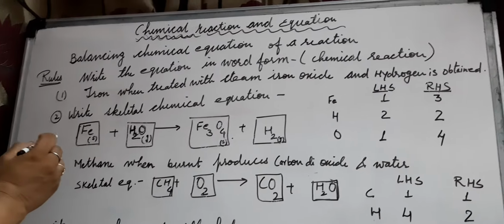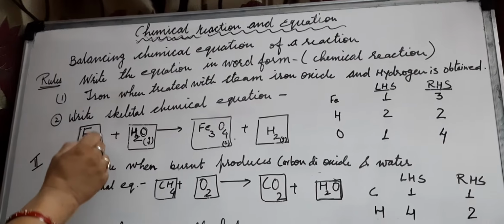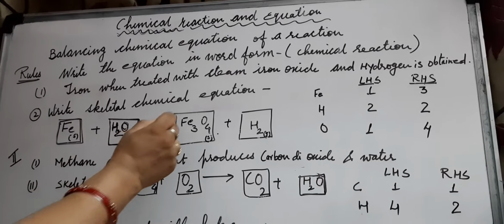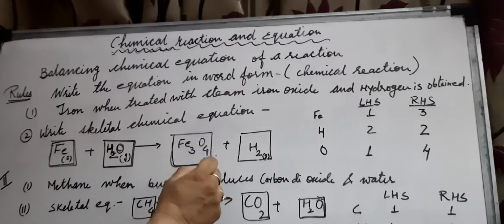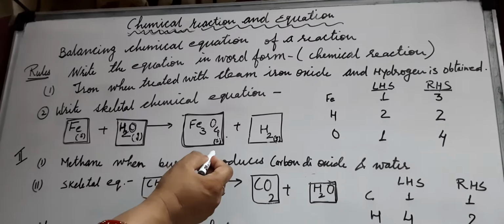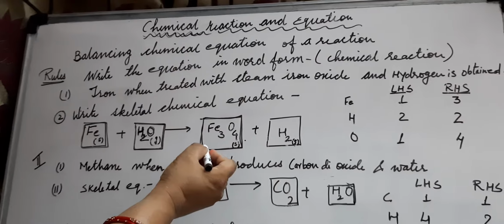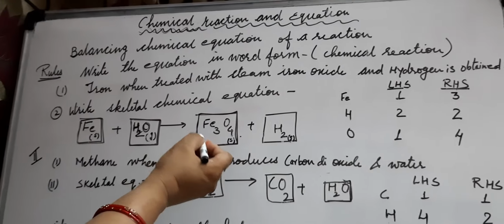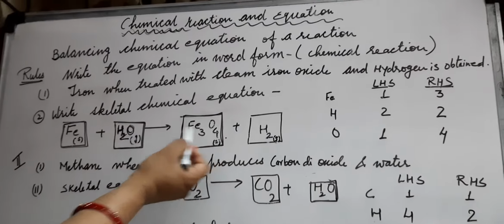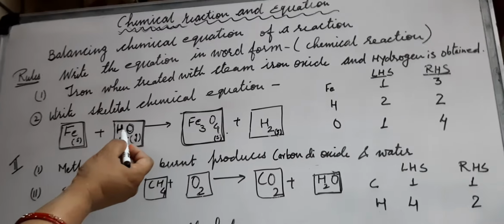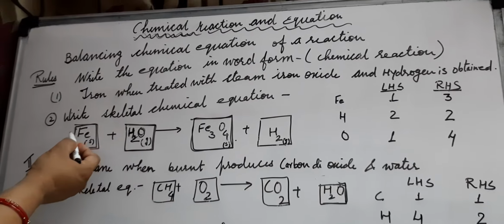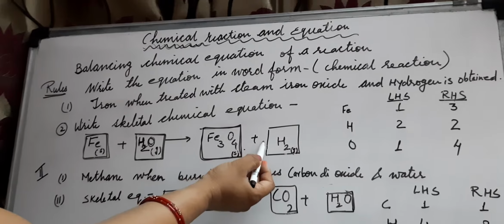We put one box around every symbol and molecule or formula. Why are we enclosing all the reactants and products in boxes? So that while balancing, no number can be introduced in between. We have to just introduce a numeral in front of the formula.